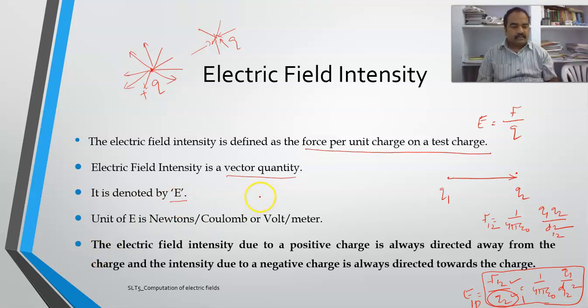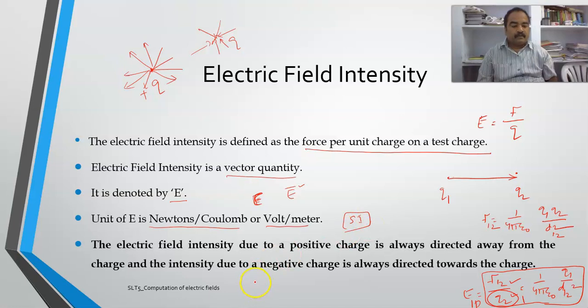In most of the course content, I will represent it as a bold capital E, or I will be using E bar, which indicates that it is a vector. The units are newtons per coulomb, or you can use volts per meter.